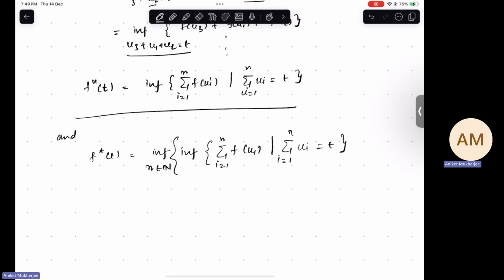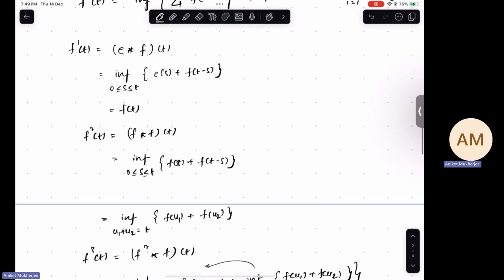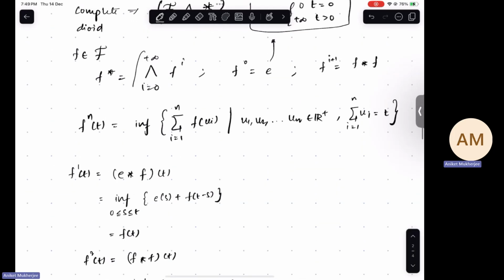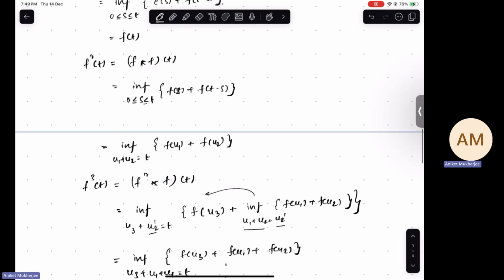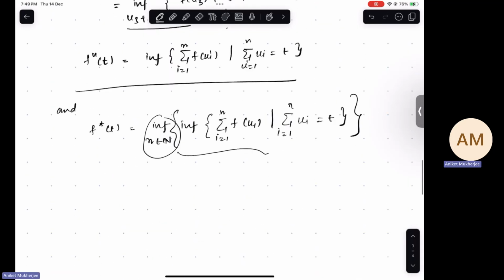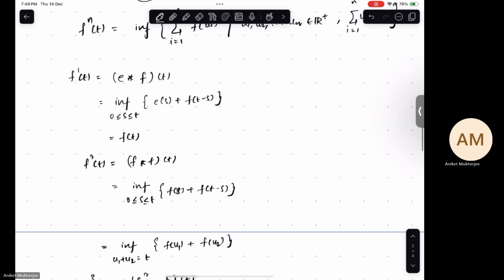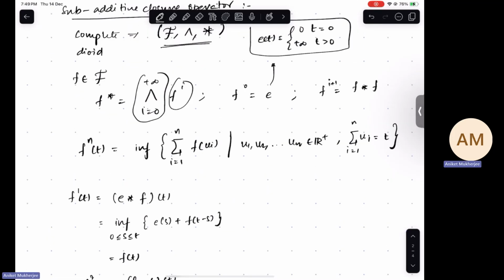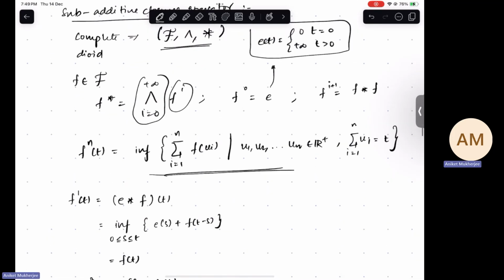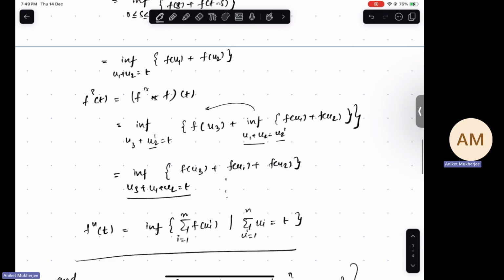This happens. So there is an infimum object. So this infimum is basically this operator, right? And the whole inside part is basically this operator. This is basically this. Okay.